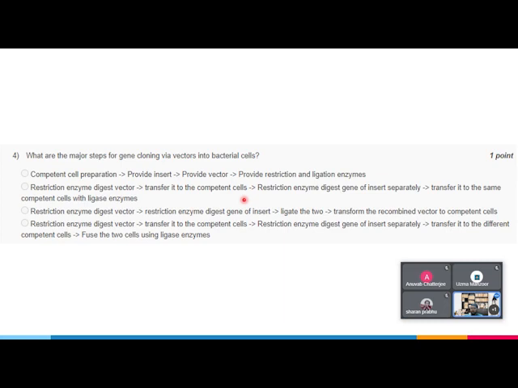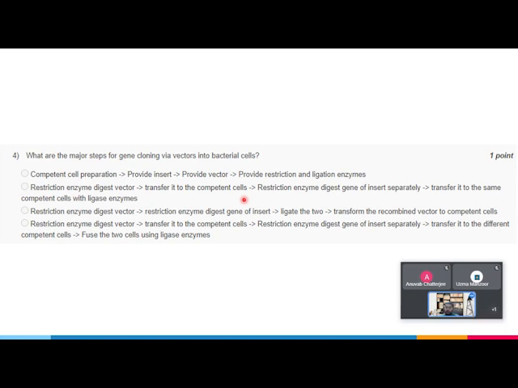So we move on to the next question. What are the major steps for gene cloning via vectors into bacterial cells? So we learned about the restriction digestion part of the cloning before, and now the question is, what are the major steps for gene cloning via vectors into bacterial cells?